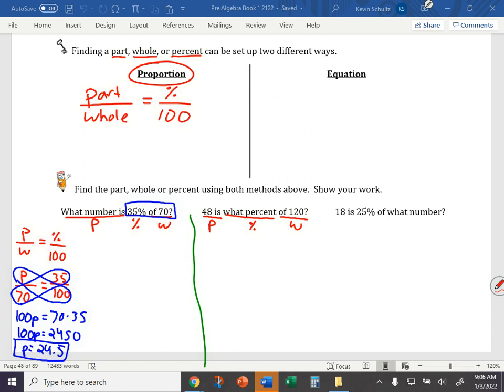So this time, in our proportion, which is still P over W equals percent over 100, this time we know what the part is, 48. We know what the whole is, 120. And we're looking to solve for that percentage.